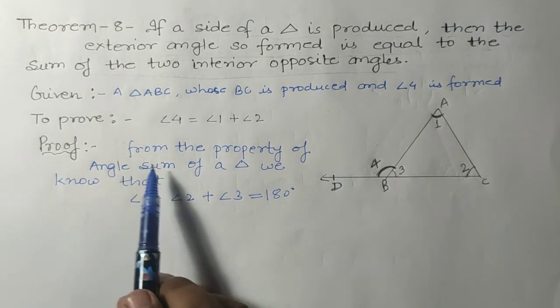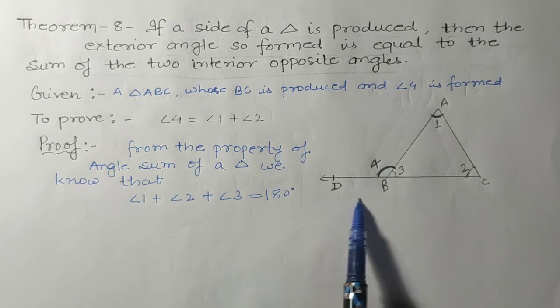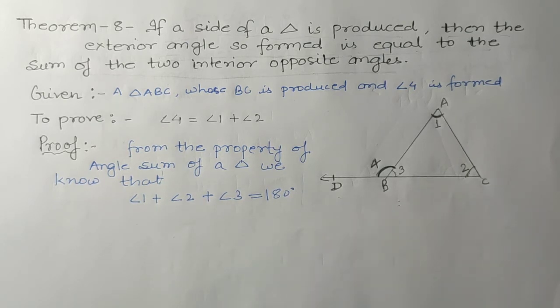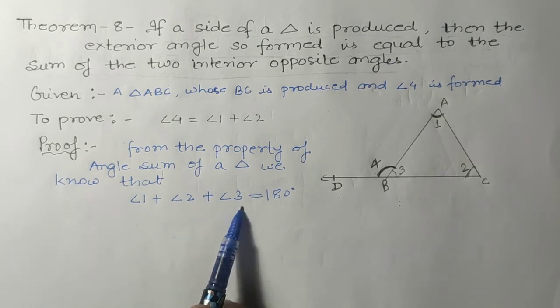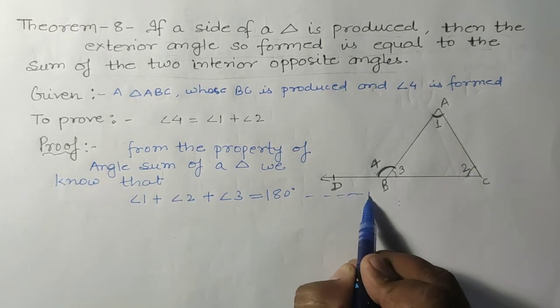Either we will write this, or here directly we can write like this, and in brackets we will write angle sum property of a triangle. So angle 1 plus angle 2 plus angle 3 is equal to 180 degrees. Suppose it is your equation number 1.